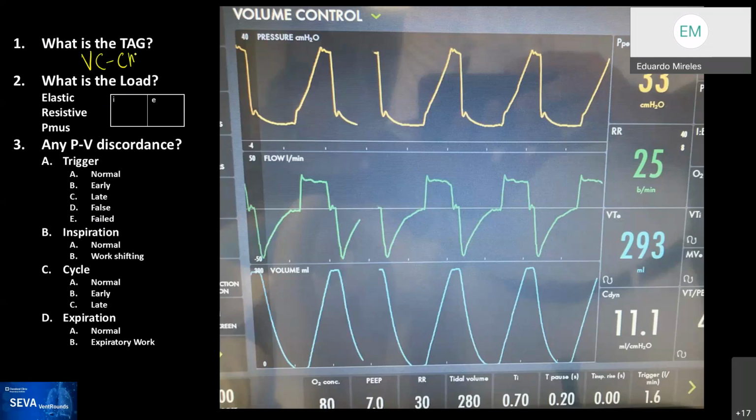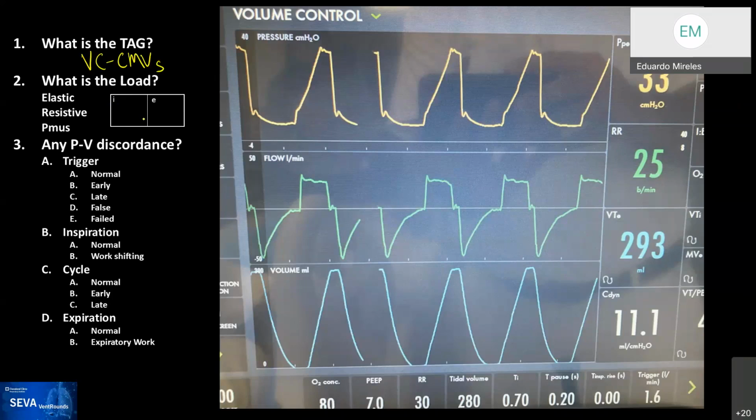I'm first looking at the flow variable. There is some PMOS there, but it seems pretty controlled. So that's volume control. In terms of targeting scheme, I don't see a color change, or I see that there is a little discrepancy there. So I think this ventilator is calling it VC-CMVs.